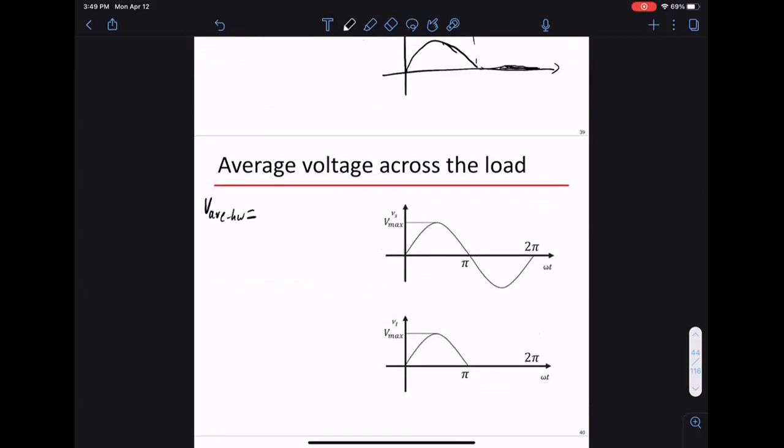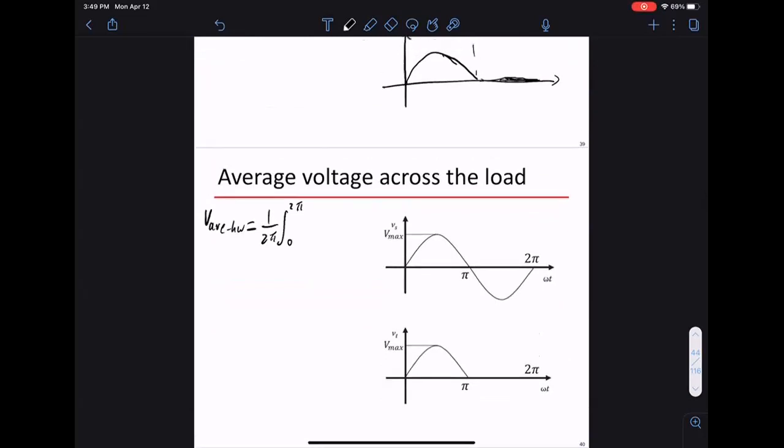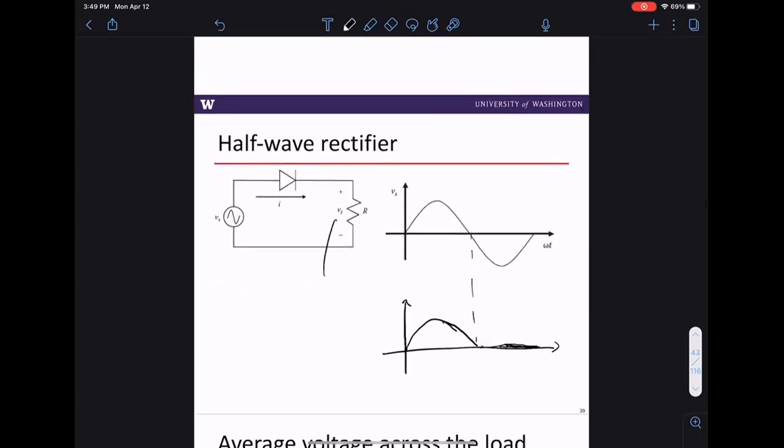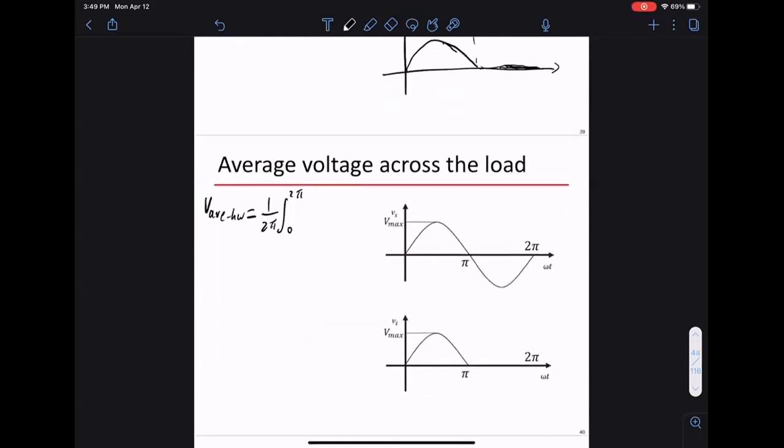So remember, the general formula is always 1 over 2 pi. We're using the notation V sub T for terminal voltage, the load voltage. So we integrate V_T over a period of 2 pi, d omega t.